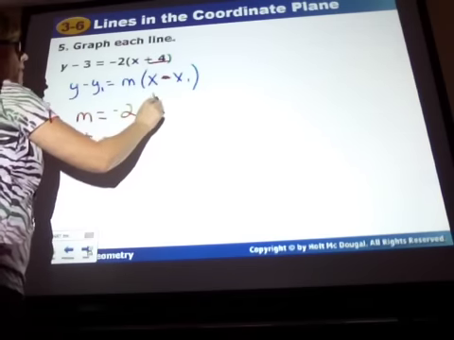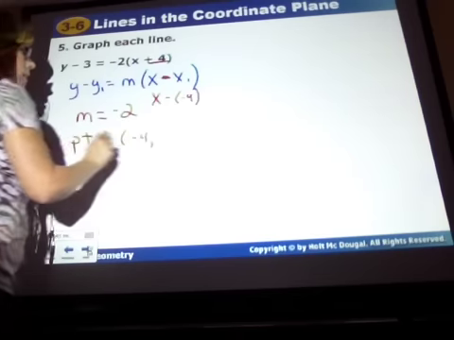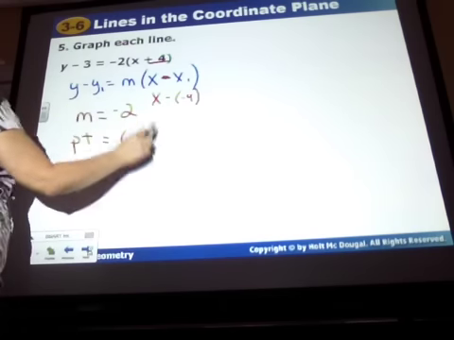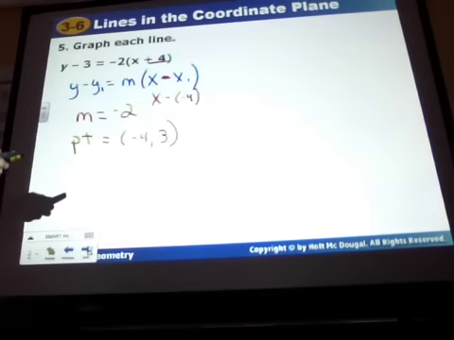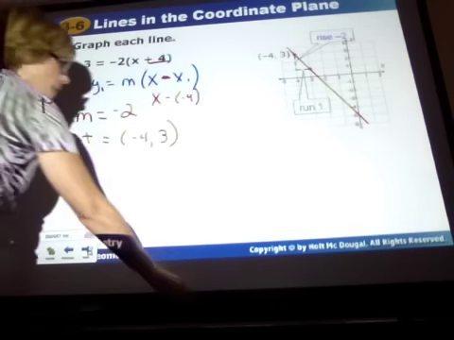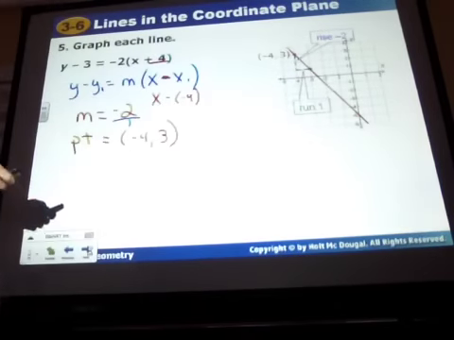So to get that positive, I have 2 negatives. So my x-coordinate is -4, and my y-coordinate will be 3. Once we find our slope and that point, start with your point. You're going to go left 4, up 3. My slope is -2. Remember, that's rise over run. So I go down 2, right 1.